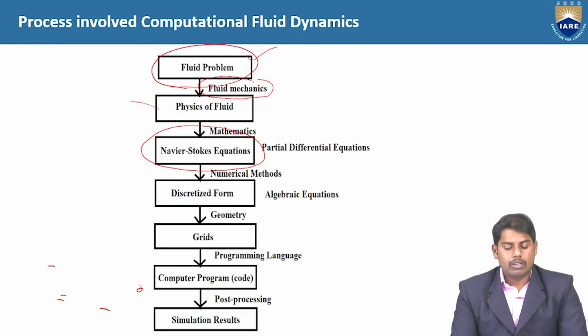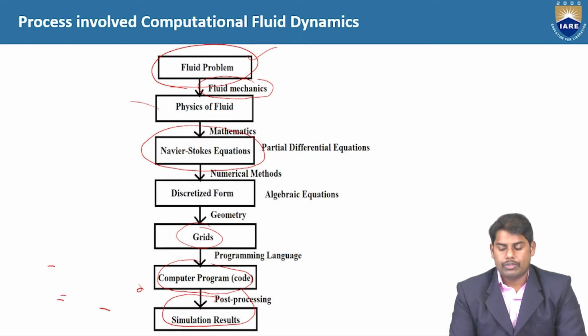Once we form the discretized form, we will see what type of grid we are choosing, since the discretized form is applied at the grid points. We'll see in future slides what the grid points and the mesh are. Once the discretized form, the grid, and the boundary conditions are done, we use the computer code to solve and get the results and post-processing. Basically these are the processes involved in a computational fluid dynamics approach.